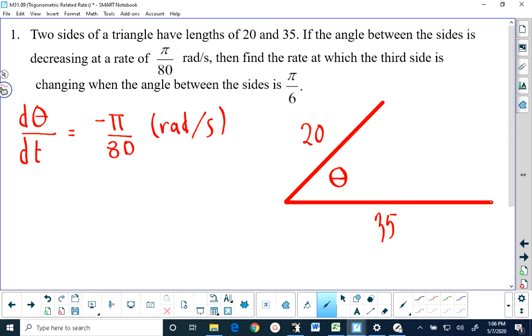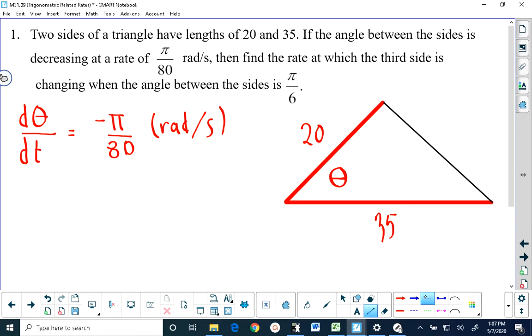Now, what are we asked to find? We're asked to find the rate at which the length of the third side is changing. So I'm going to draw a third side to this triangle now. And you can think of this third side as being like a piece of elastic. And as that 20 unit length side starts moving in a clockwise direction, because theta is decreasing, that elastic is going to stay stretched, giving us a triangle.